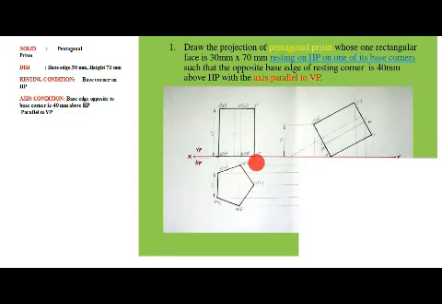Make sure that you are keeping the corner on the reference line, which means the corner lies on HP. Now measure this base distance, and draw a line from here such that the distance between this line and this line should be 40 mm, and measure this distance.